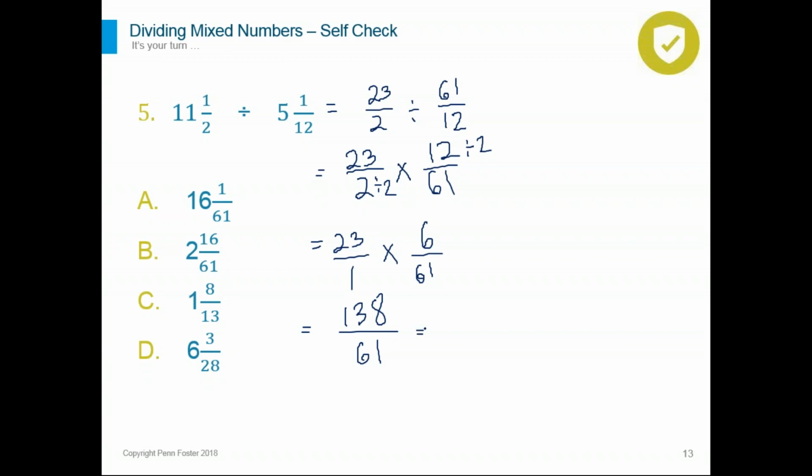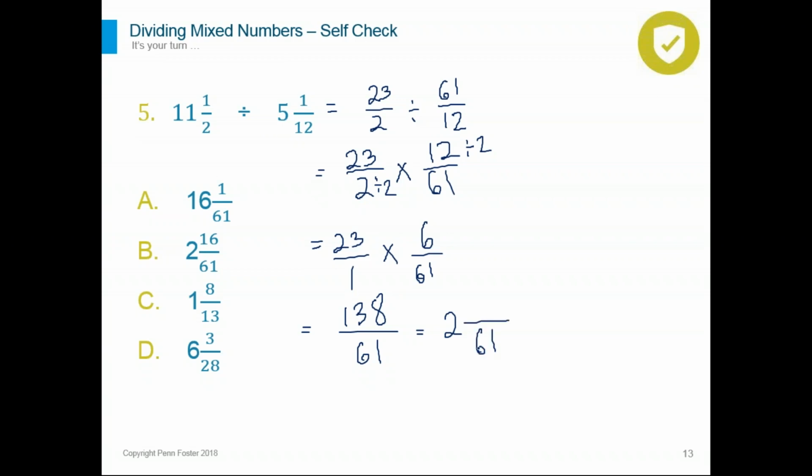This is not in simplest form. How many times does 61 go into 138? Or the easiest way in this case, because we have weird numbers, we can do 138 divided by 61. It will give you 2 and some decimals. Ignore the decimals, take the 2. 61 will stay in the denominator.